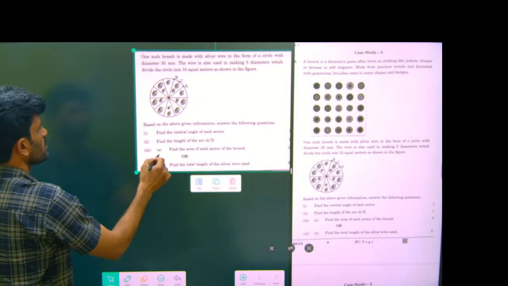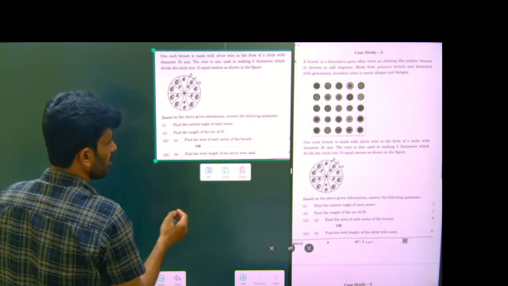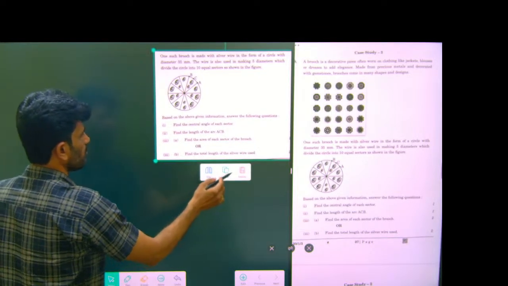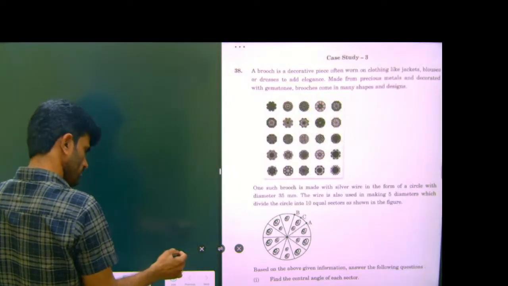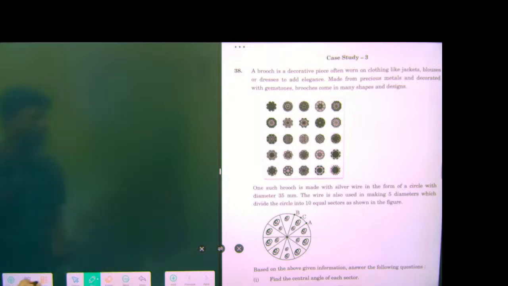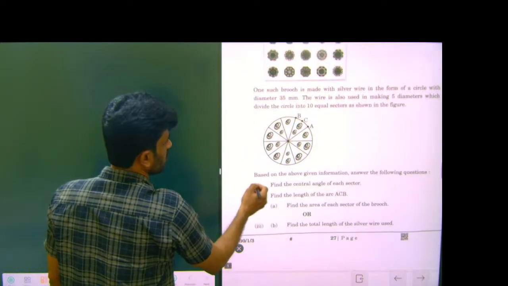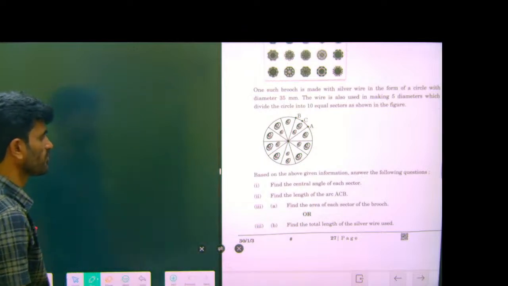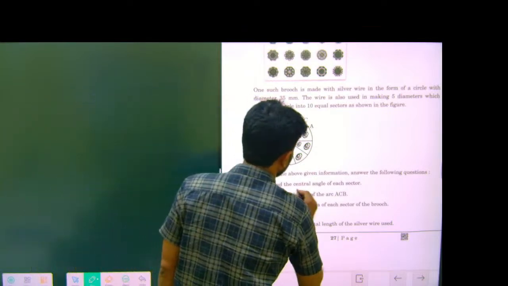So in this, a brooch design is given. Here the question is about what? The first question is to find the central angle of each of the sectors.